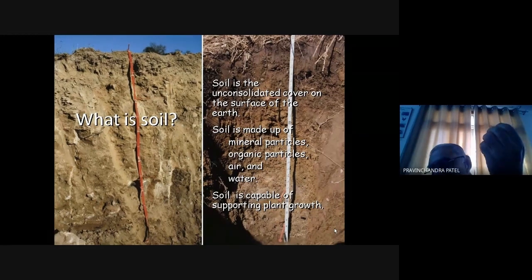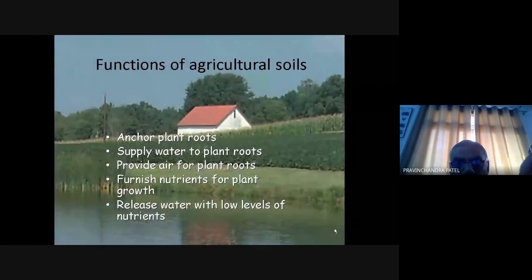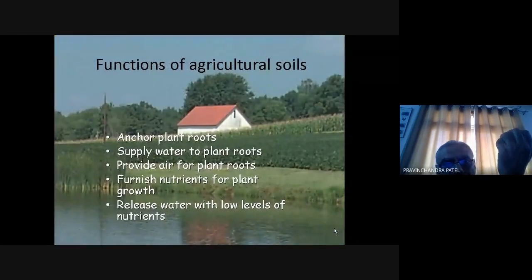You know that we are growing the crops, plants, and it supports the plant. Then function of agriculture soil: anchor plant roots, supply water to plant roots, then provide air for plant roots. So there is better aeration.